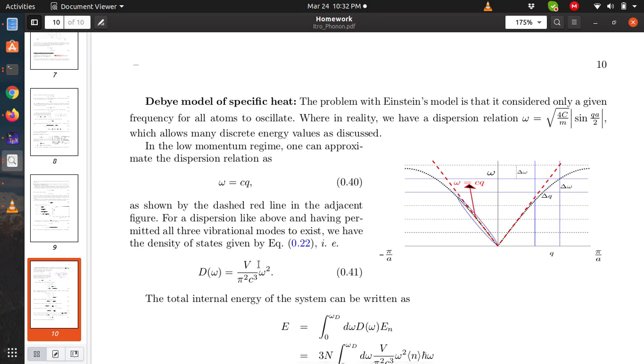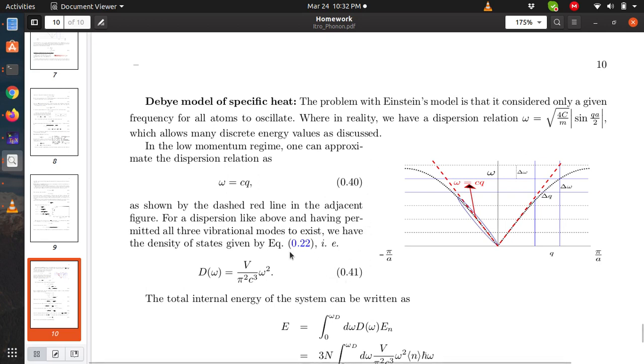We already discussed that here we permit all three modes of vibration to exist. That means if you consider the x, y, and z axes, the atoms can oscillate along any of those axes. Whereas in the discussion that we had before, we imagined as if the atoms oscillate only in the x direction, the longitudinal direction. We completely neglected the transverse directions.